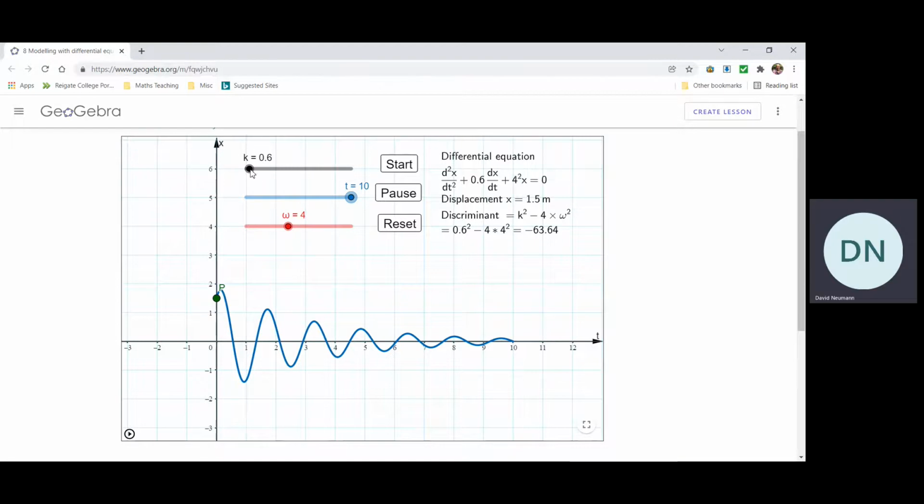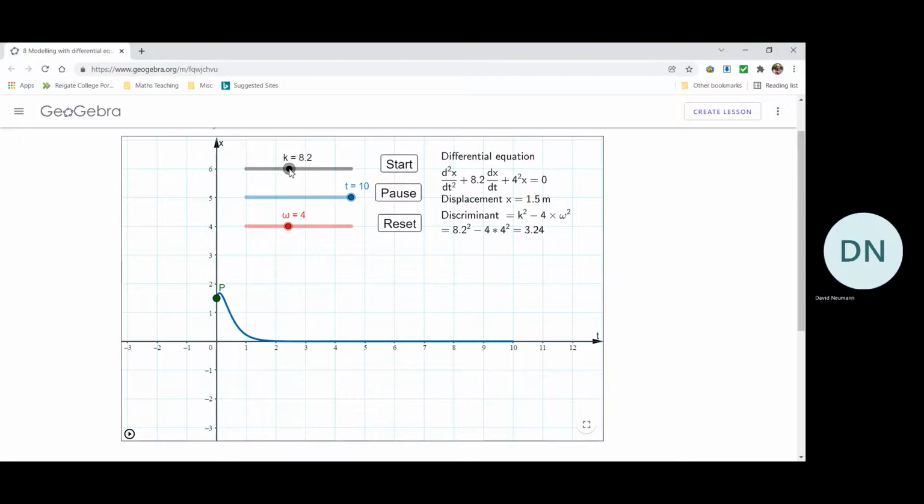So as we increase k here, if you look at the discriminant, it is gradually decreasing. And if I increase k to 8, let's do it carefully so we don't overshoot. There we go. k equals 8. So now what we've got is something which actually doesn't cross the t-axis.